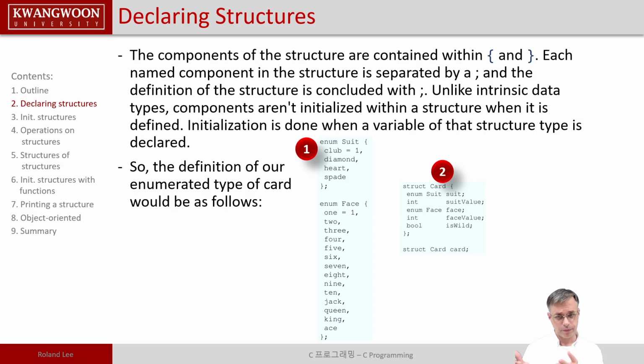So the definition of our enumerated type of card would be as follows. Here you see enum Suit: club, diamond, heart, and so on, and then enum Face: 1, 2, 3, 4, 5, and ace, and then we have here suit, an integer suit, and then face.